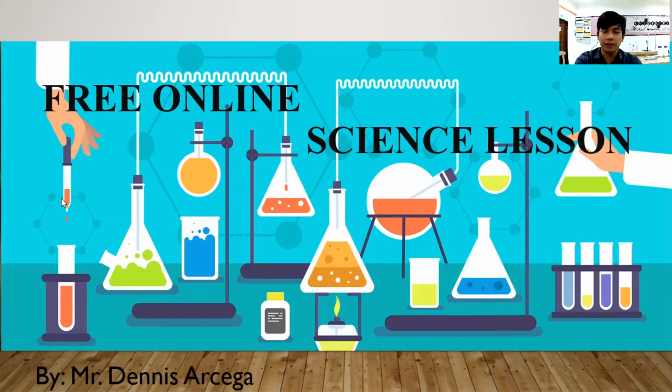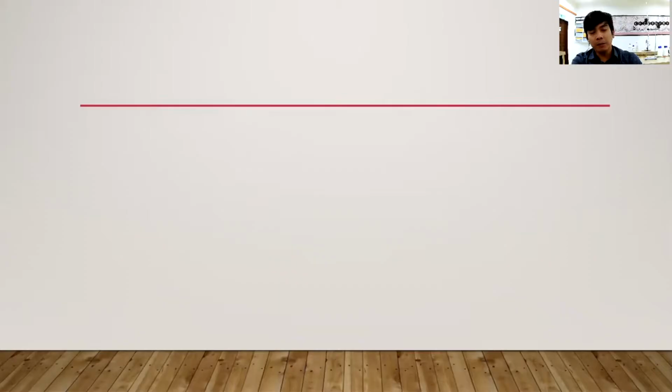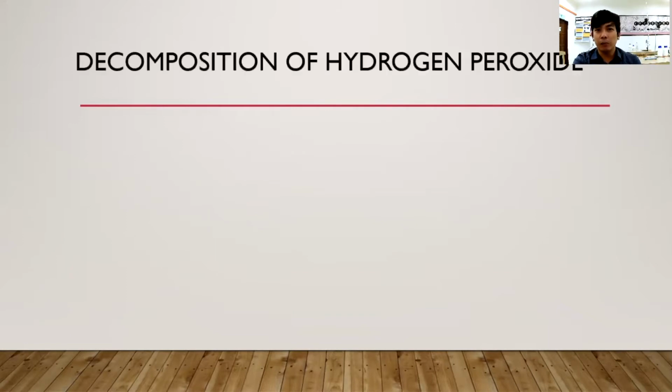Okay, so let's start. The first thing that we conducted is we created elephant's toothpaste. In the experiment, you have observed the decomposition of hydrogen peroxide. Decomposition, as I've mentioned earlier, is the breaking down of a large or complex substance into two or more simpler substances.